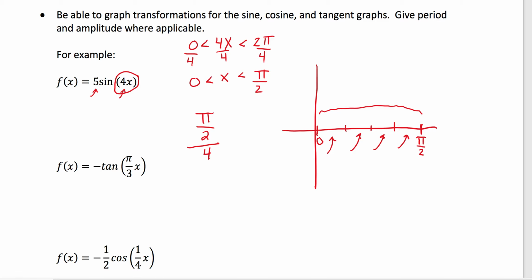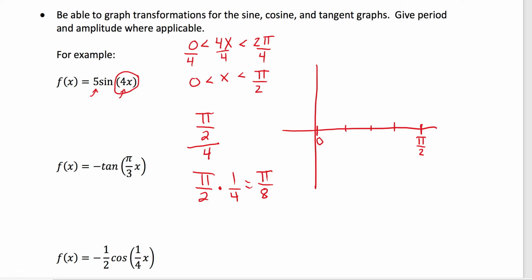That will help me determine what to use for the tick marks. So we're going to do keep, change, flip. We keep the pi over 2, change the division to multiplication, and flip the 4 to make it 1 over 4. When we multiply, we get pi over 8.